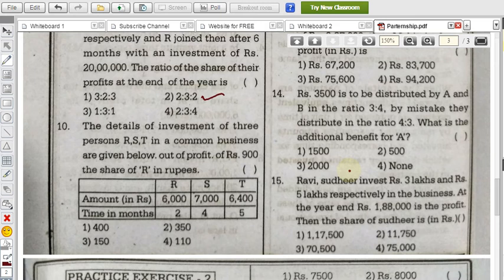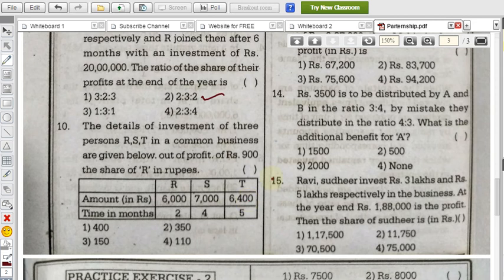The table is also given for the next sum. Just we have to calculate. The details of the investment of 3 persons R, S and T in a common business are given below. Out of the profit of 900, find the share of R in rupees. Amount and time in months are given, so we can find the ratio: 6000 into 2, 7000 into 4, 6400 into 5.